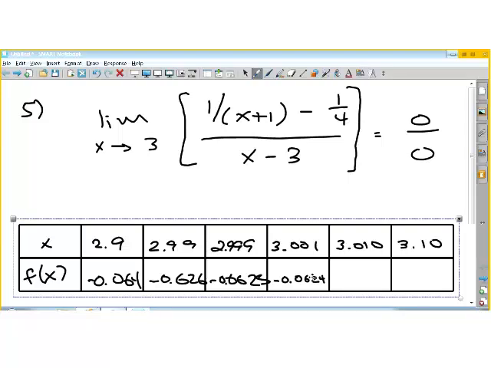Then we put in 3.01, and we get negative 0.0623. Then we enter 3.100, and we end up with negative 0.061.